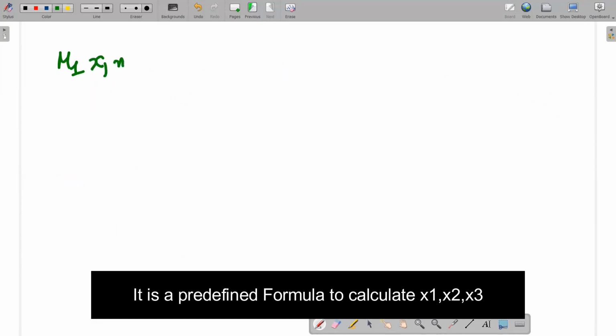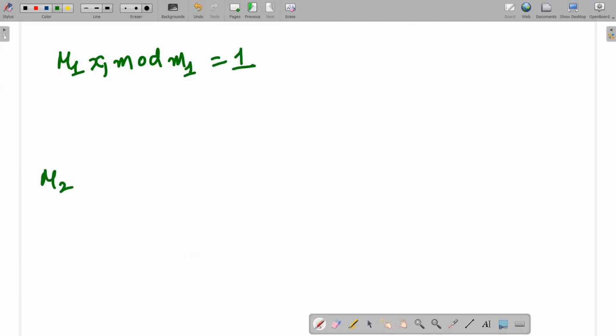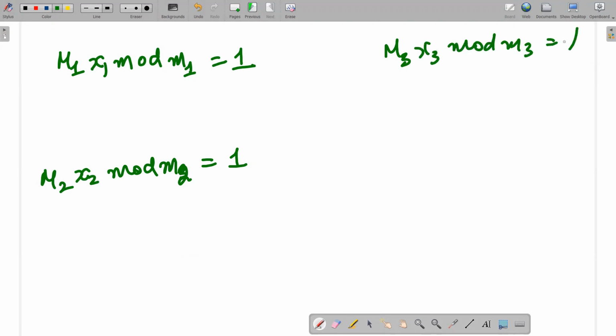Now we need M1 x1 mod m1 equal to 1, M2 x2 mod m2 equal to 1, and M3 x3 mod m3 equal to 1. So the value would be 77 x1 mod m1, where m1 is 5, equal to 1.